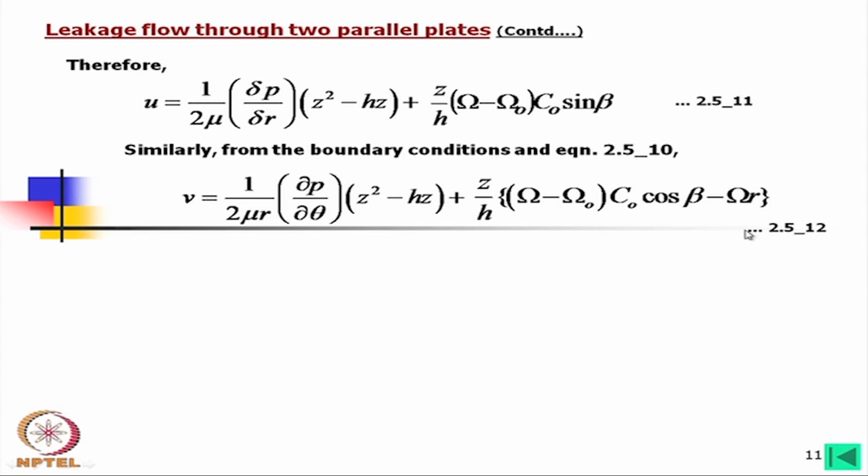This derivation will not be difficult, but the omega minus omega 0 sin beta components that we have accepted for the velocity.